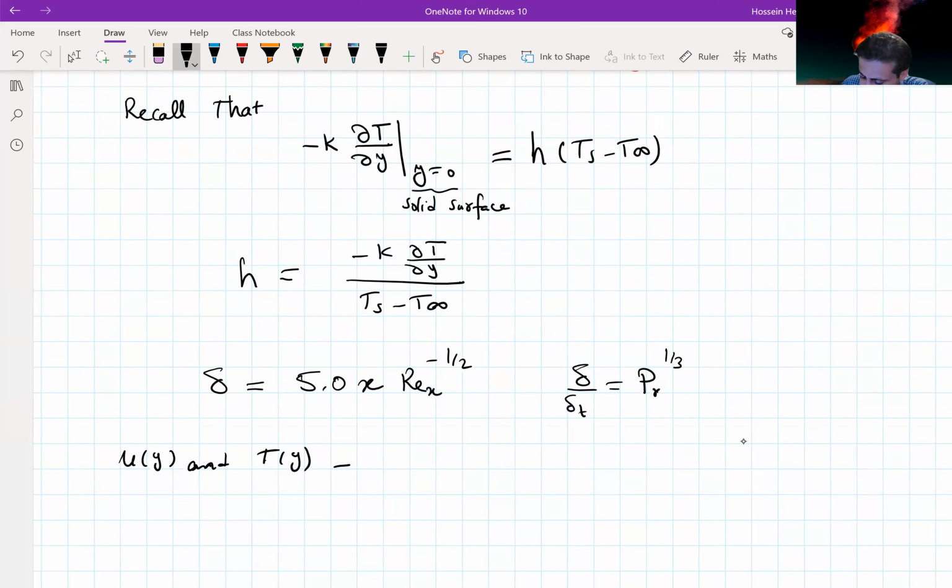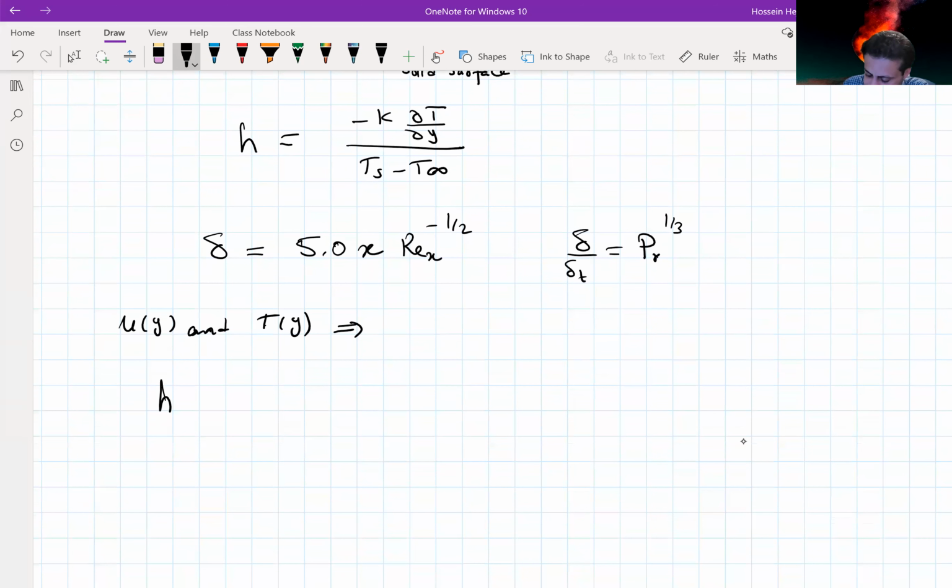Now, having u of y and T of y, we can get h of x, the convective heat transfer coefficient at any location x, which is going to be 0.332 k Prandtl to the power of 1/3 times u infinity divided by nu x to the power of half.